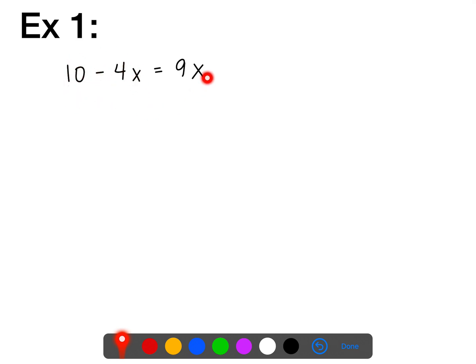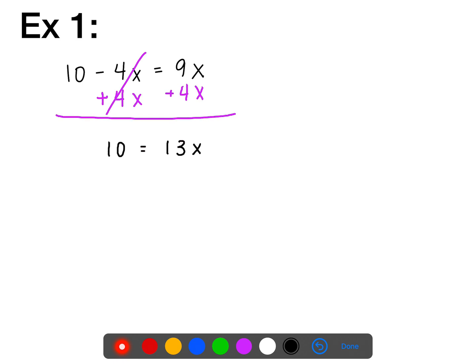So if I can move the x's over to the right side, then the x's are isolated. So in order to move that negative 4x, I'm going to add 4x over here, because whatever I do to one side, I have to do to the other. And I end up with 10 equals 13x.